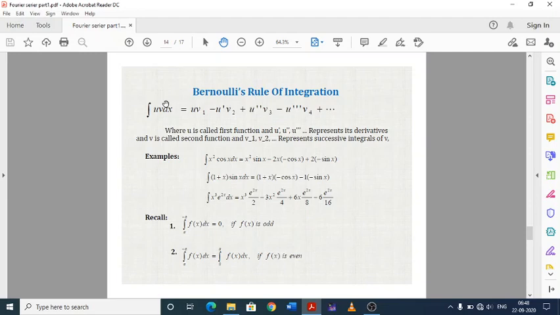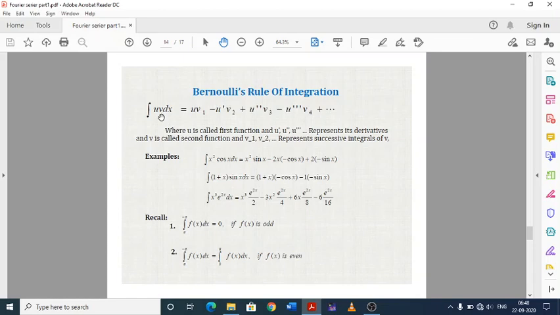Suppose you have two functions u and v, and you are supposed to find the integral of the product uv. Then first you have to choose the first and second function. Here I have treated u as the first function and v as the second function.